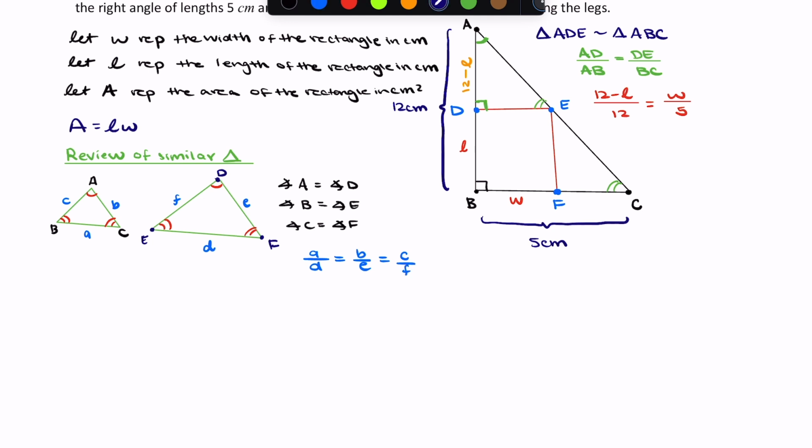And here we can again indicate that triangle ABC is similar to triangle DEF.